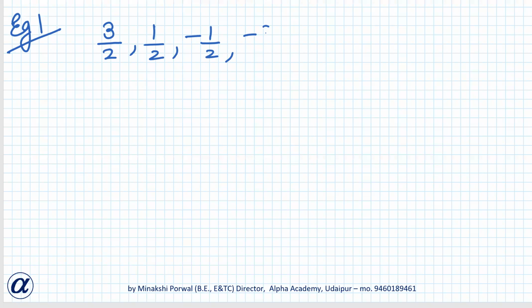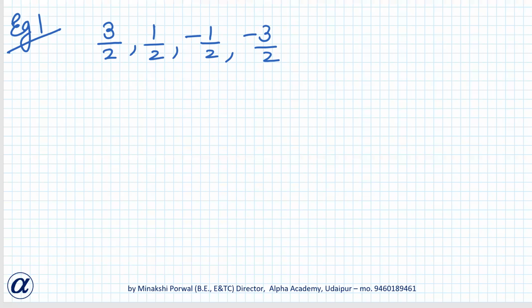So let us start example 1. This is a very easy chapter. An AP is given: 3 by 2, 1 by 2, minus 1 by 2, minus 3 by 2. Write the first term and the common difference.